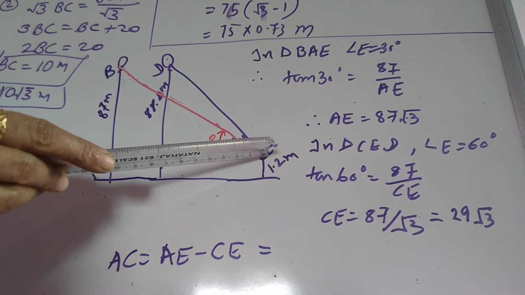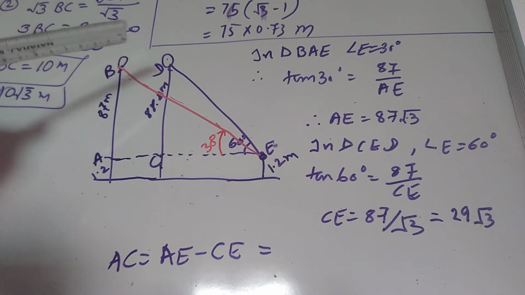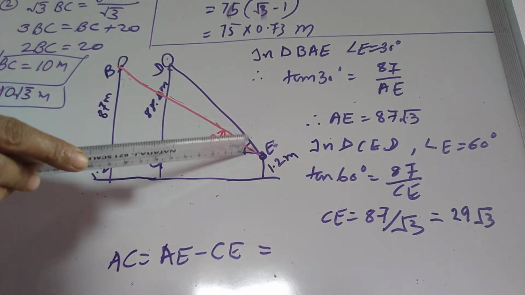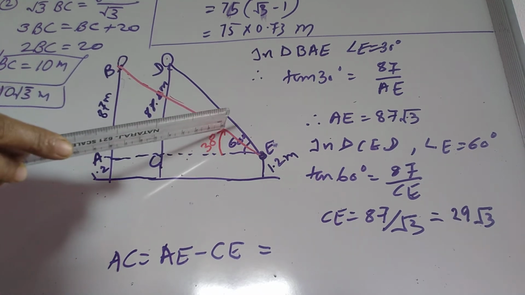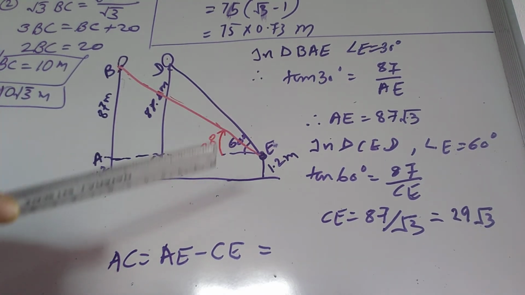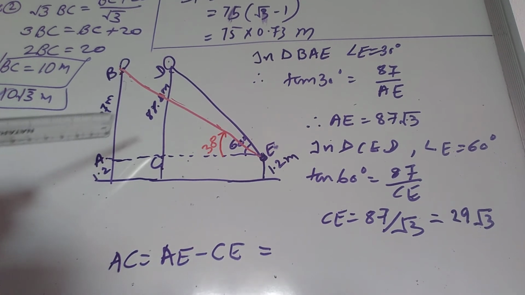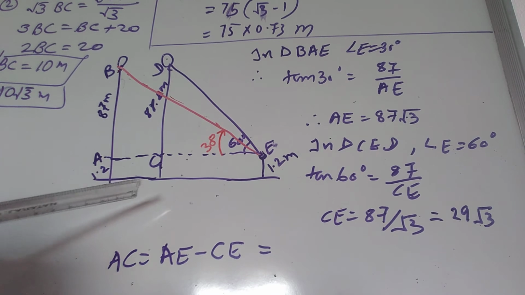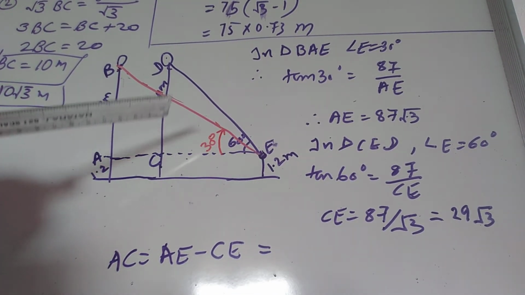From her eyes, if we observe, we get the angle of elevation. The first angle of elevation we got is 60 degrees, and further when the balloon goes away, the angle of elevation we got is 30 degrees. Now here we can use this triangle. In that triangle we should find tan 60, so that we will get EO.